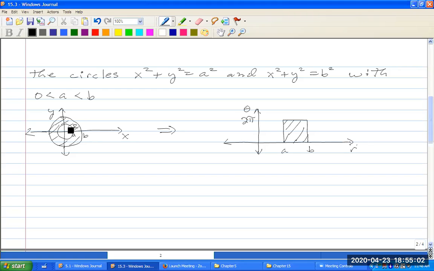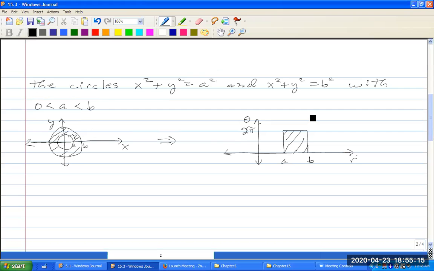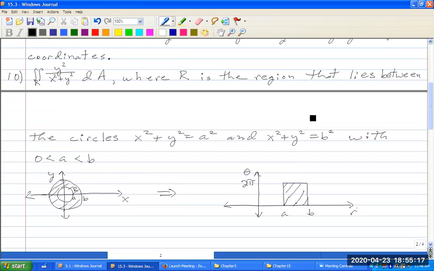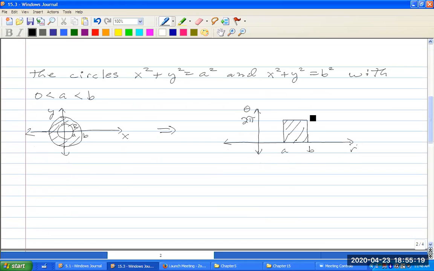Okay, so now I want to transform it into polar coordinates. Well, what you notice here is that x squared plus y squared equals r squared. That corresponds to r squared equaling a squared.